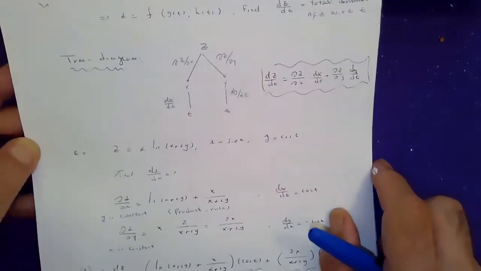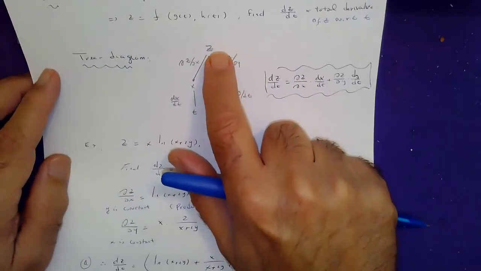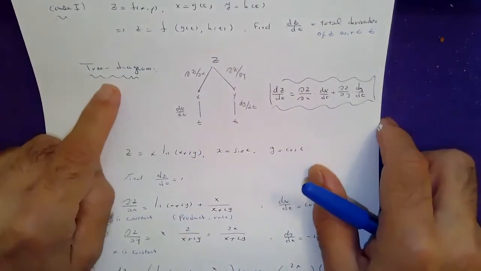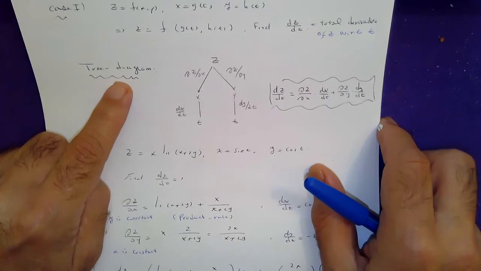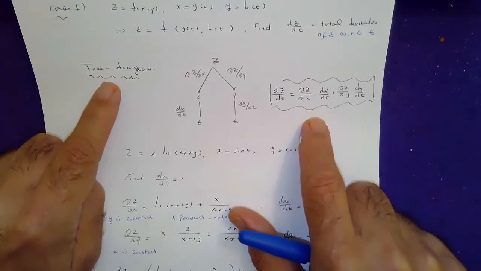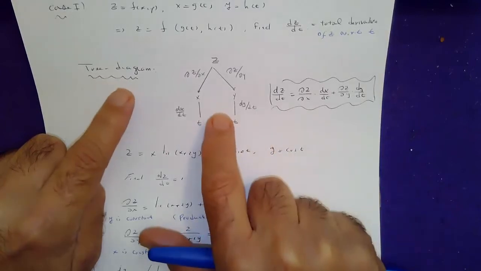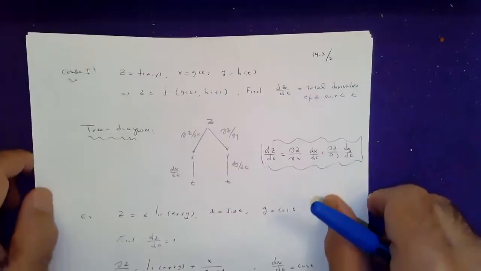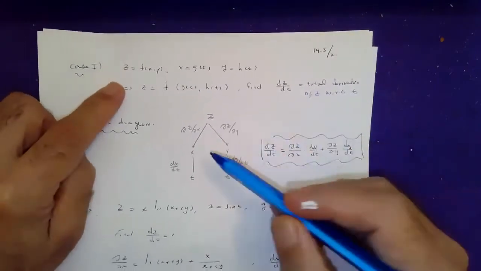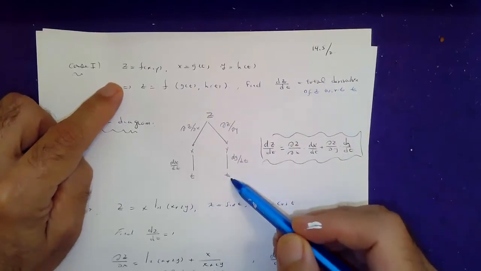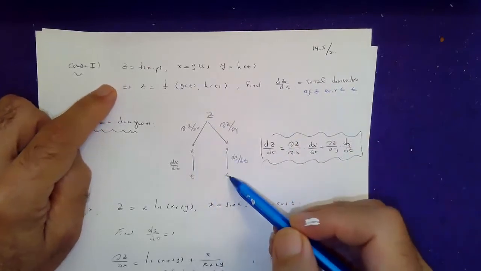However, to find the total derivative of z with respect to t, I have to go over something called a tree diagram, which really helps you to come up with a formula. So this is the key for this section. Draw a tree diagram. What does that mean? Notice z is a function of x and y, but x and y are functions of t. So draw this tree diagram.